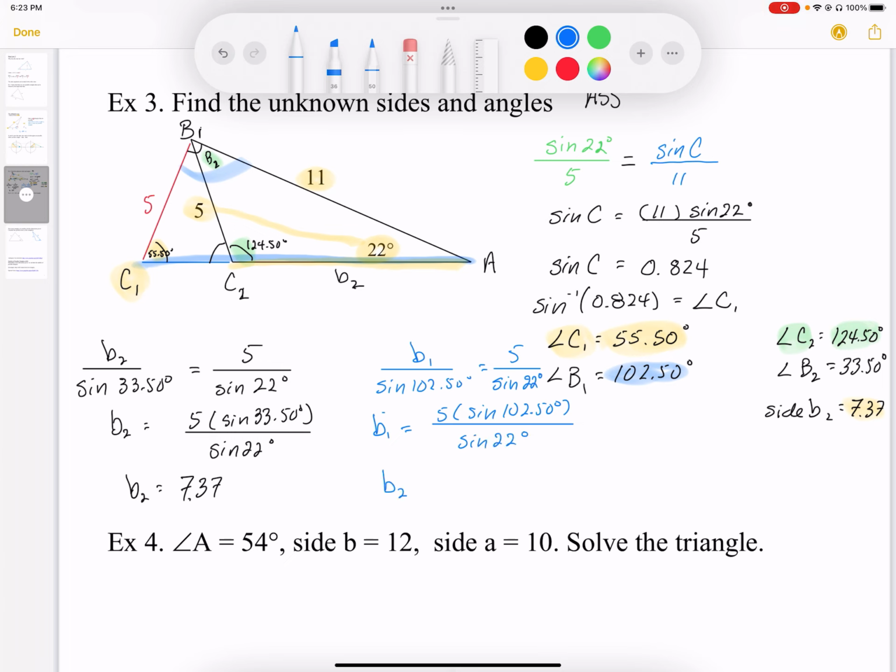And side length B1, when I calculate that out, it's 13.03. Okay, so we've solved for all three sides and angles of both triangles.